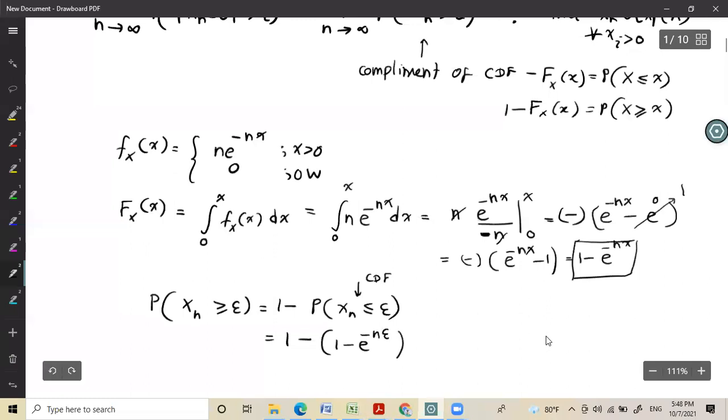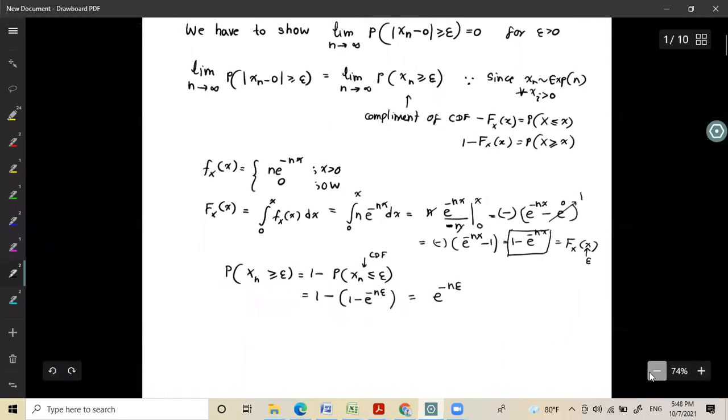Remember, when you have f(x) evaluated at some number, in our case it will be epsilon. So wherever you see the value x, you have to replace it with epsilon. So what is the answer? 1 minus 1 will cancel out. You have e to the negative n epsilon. Is this clear up to this point? What did we do so far?